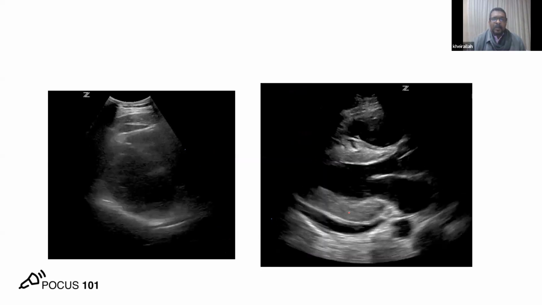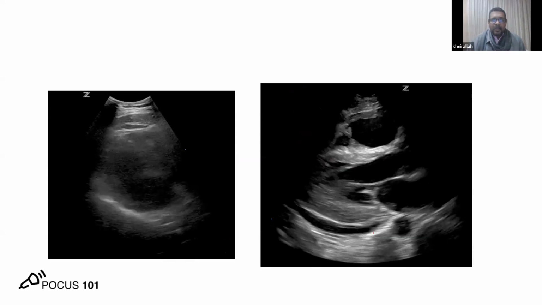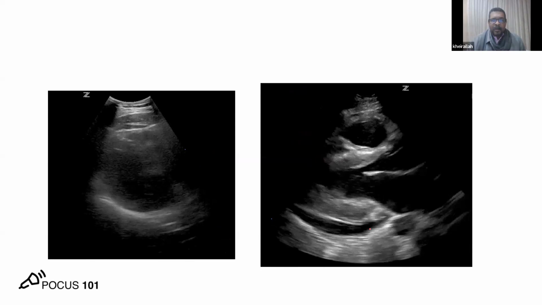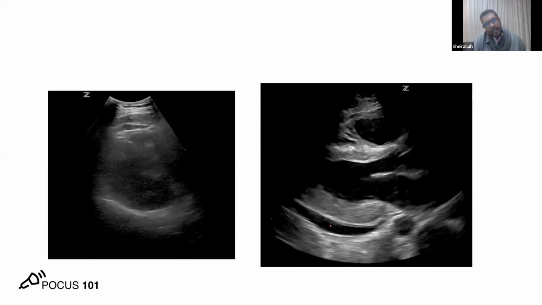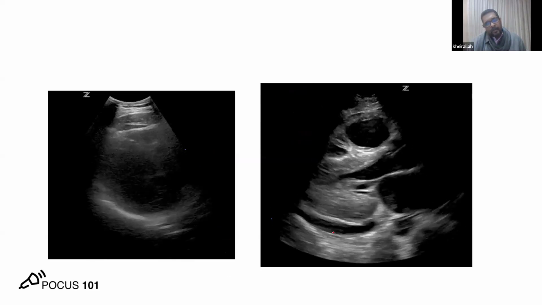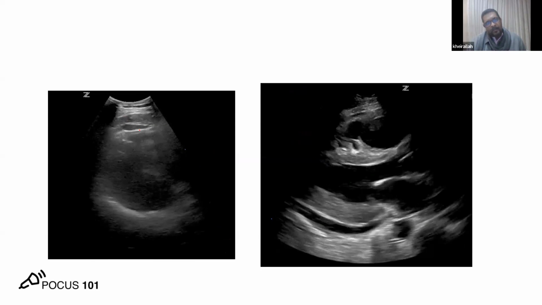Now look at this one here. We are seeing part of the LV in the parasternal long axis, and we are seeing this echolucent space, which is what? Fluid, right? So this is pericardial fluid or pericardial effusion. Now look at it here. What is this?